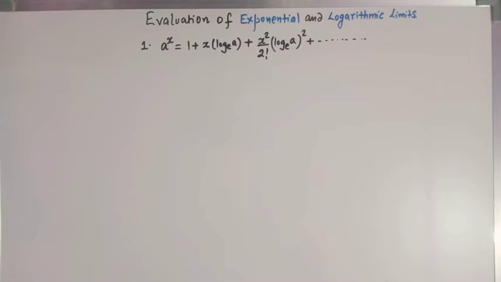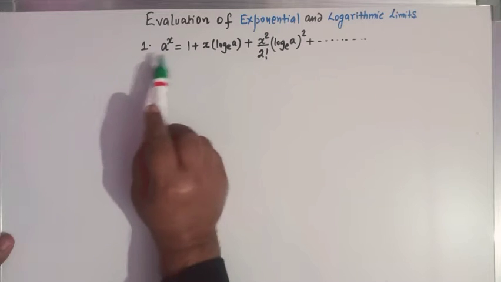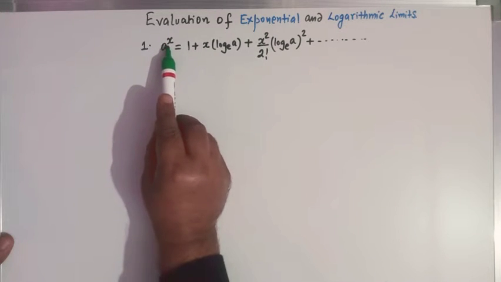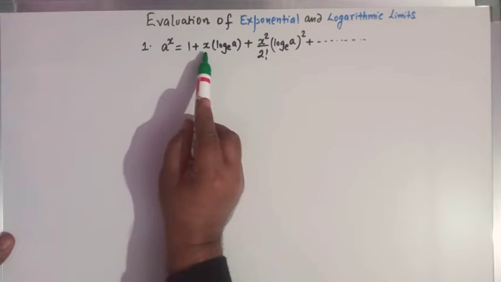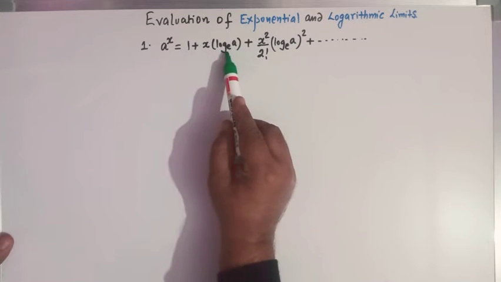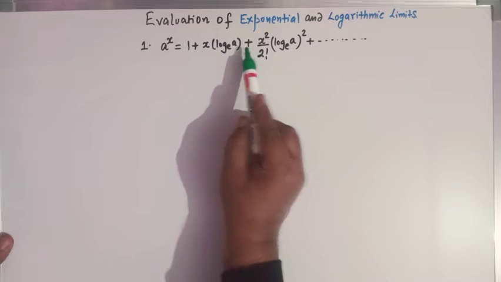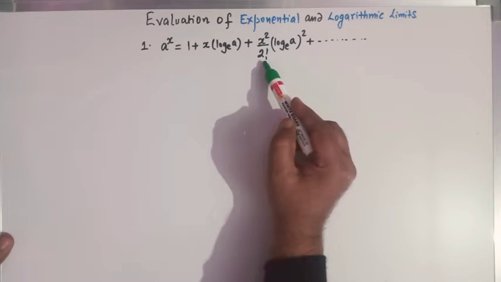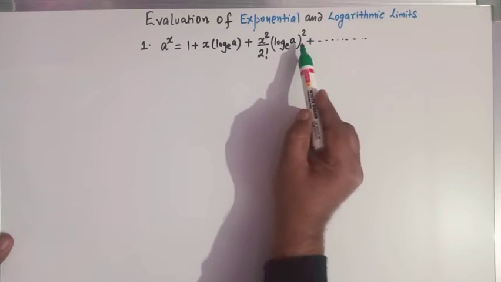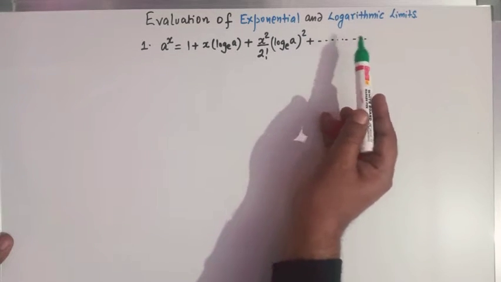So here we have an infinite series for a raised to x, which is 1 plus x log a to the base e plus x square by factorial 2 log a to the base e square, and so on, right?